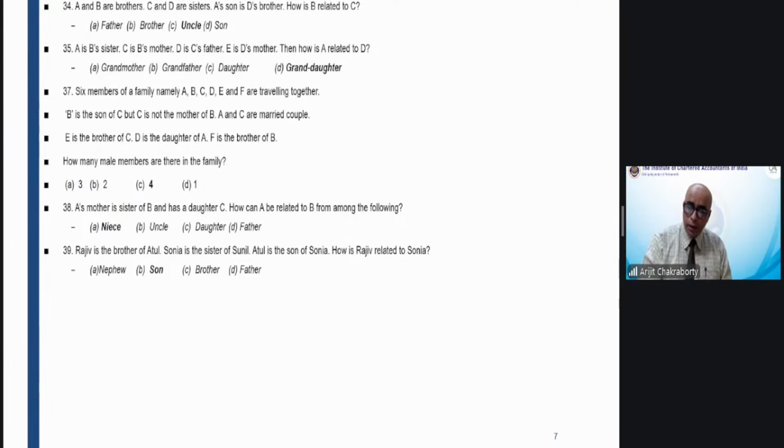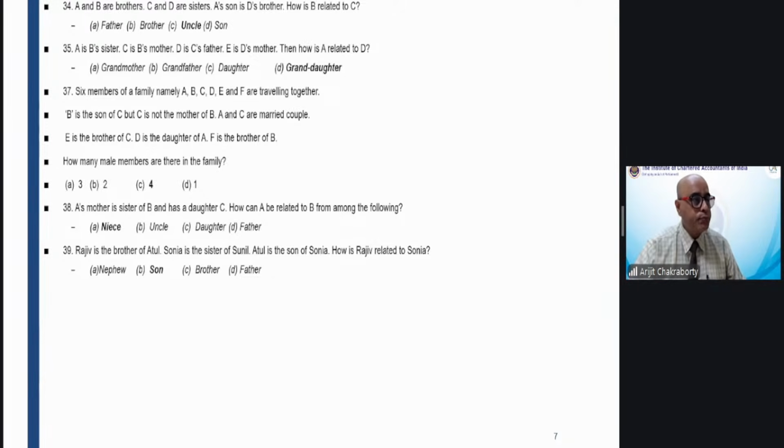So A and C are siblings. Their mother is M. M is the sister of B. That means B and M, they are of the same generation. Question ये है, B और A के बीच का संबंध क्या है?